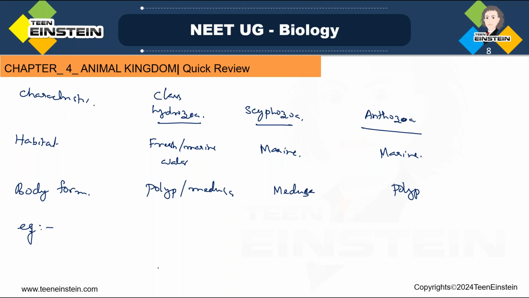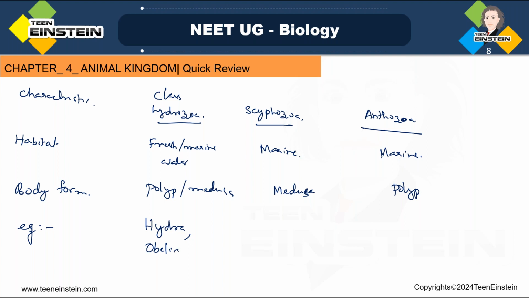In the phylum Coelenterata, different classes like Hydrozoa, Scyphozoa, and Anthozoa are coming. Under each class, Hydra belongs to Hydrozoa. Then Aurelia belongs to Scyphozoa. Like that, you should have an idea. So Hydra, Obelia, Physalia, all these are the examples for class Hydrozoa.